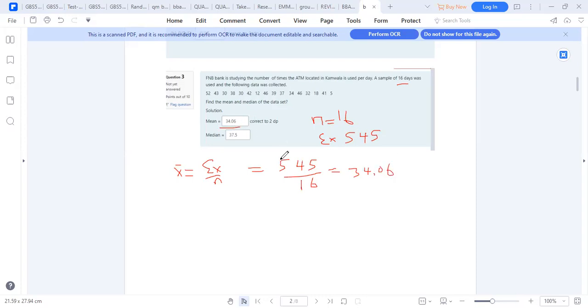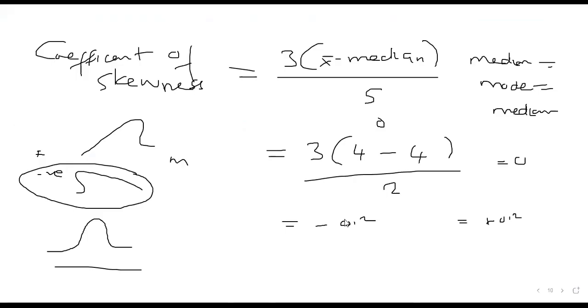But how do you find the median? You first rearrange. You cannot find the middle number here, but you rearrange them. Okay. So now on the median, I forgot to mention one important thing. If you're given numbers, for instance, like 2, 4, 6, 8, our n here is what? 4.